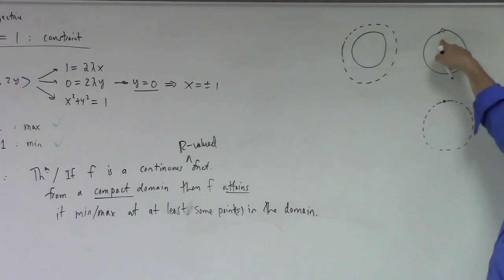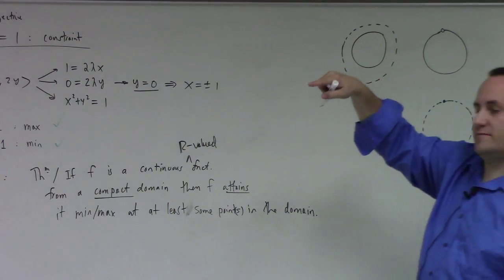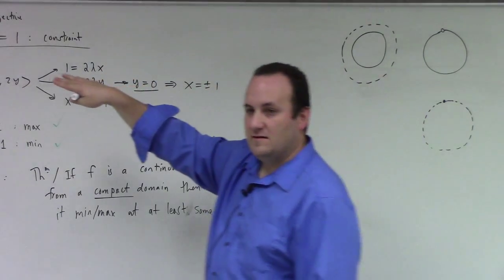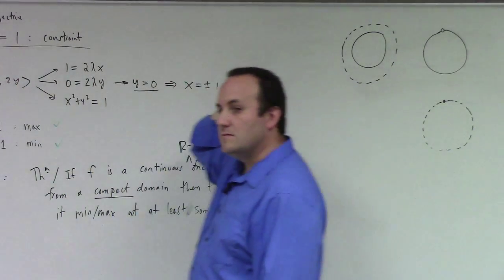So a circle with a point removed is not compact. And that point being removed is the problem. That could be where the min and max is, and that's why the theorem fails. For that one over there, the reason it fails is not because X is unbounded. The reason it fails is because the hyperbola is not compact, so it fails to meet the condition of a compact domain.